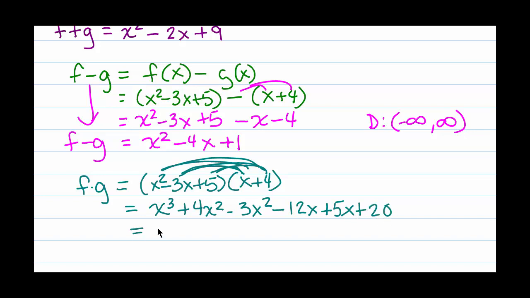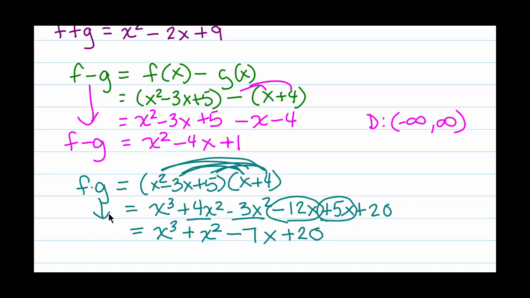Combine my like terms, so I have x cubed plus x squared minus 7x plus 20. So this is my f times g.